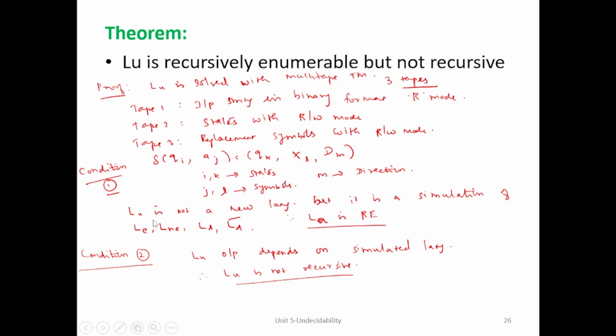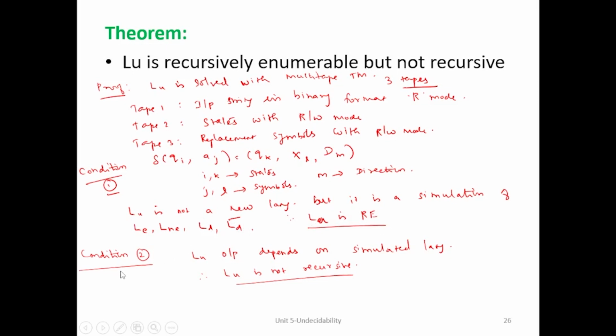By definition, LU is not a new language, it is a reprogrammable language. It will act like either the empty, non-empty, diagonal, or complement of the diagonal language, so the answer of LU is the same as that of any one of these languages. So LU is recursively enumerable.